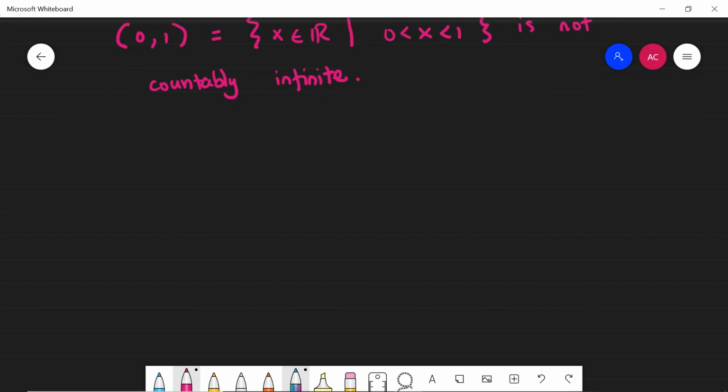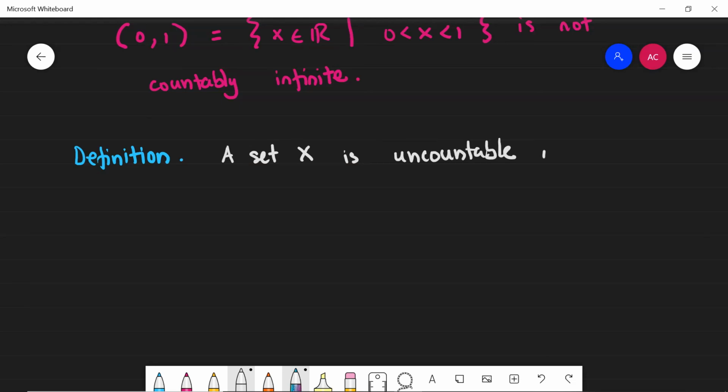Definition: a set X is called uncountable if there is a bijection f that goes from X to the interval 0, 1.